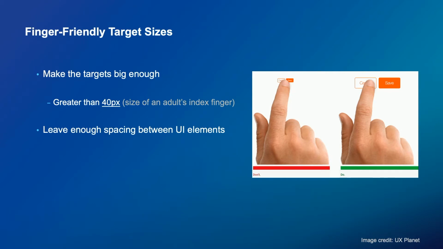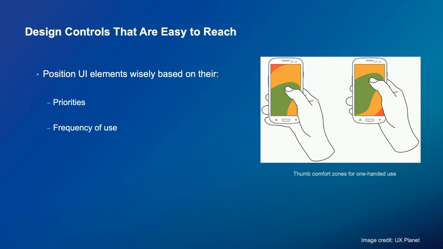All right. Okay. Then the third one is to design the controls that are easy to reach. So here I introduce a term called thumb comfort zone, which is the graph shown on the right. The thumb comfort zone is basically the area on the app that plays very nicely with a person's thumb.